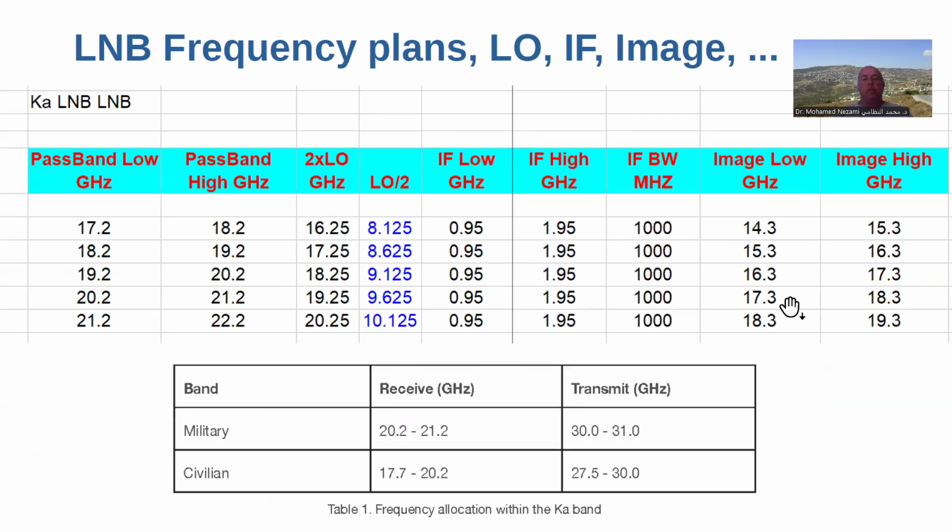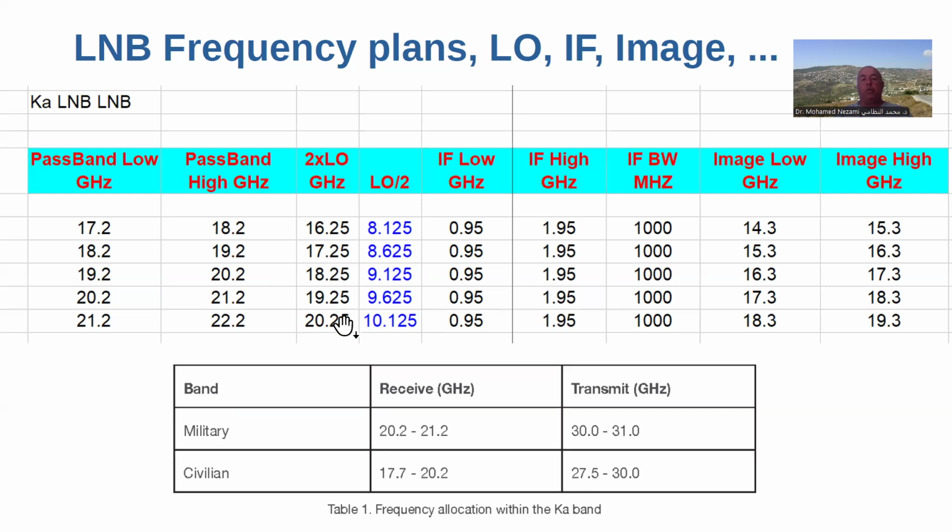This is the frequency plan the way they do it in industry nowadays: they chop it into 1,000 megahertz, or 1 gigahertz, bands. All of them have the same IF, 950 to 1950, and all of these will have different LOs, as you can see in here.